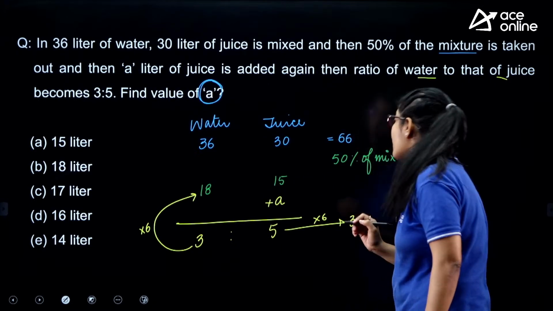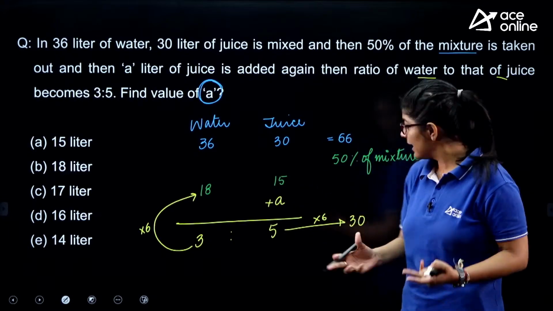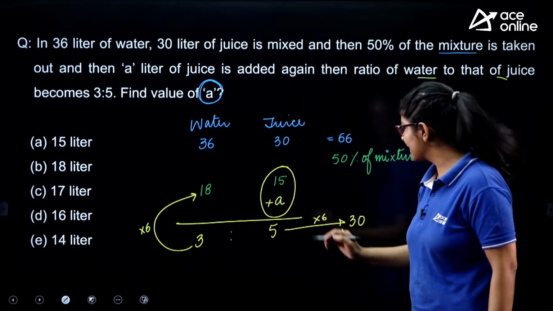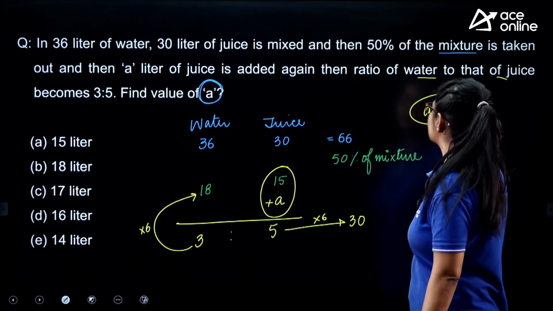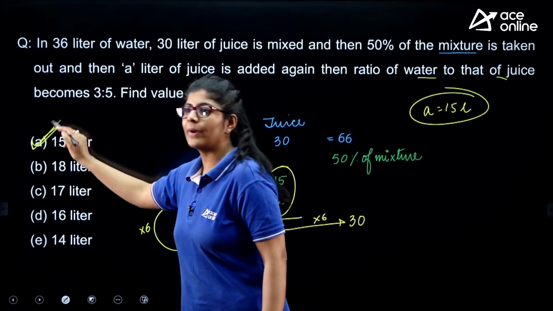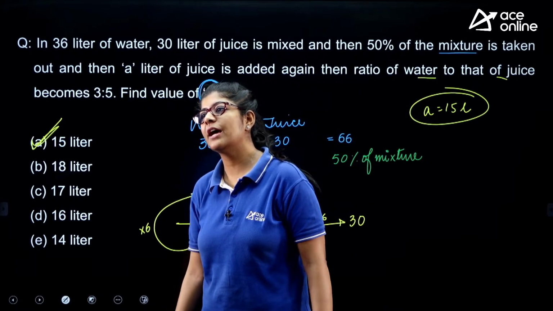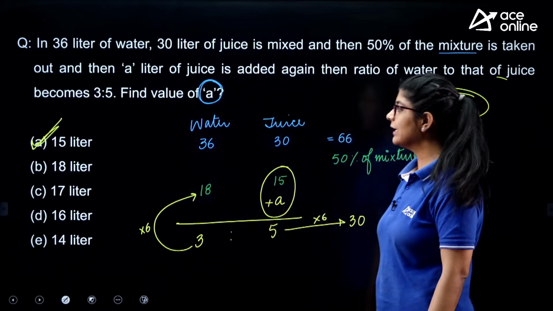So the total quantity of juice in the vessel is 30, but here it is given as 15 plus A. That means the value of A is nothing but 15 liters. Option number A is the correct one. Very good, Mohida, Radhe, Bangaram and Anu. Very good. Next.